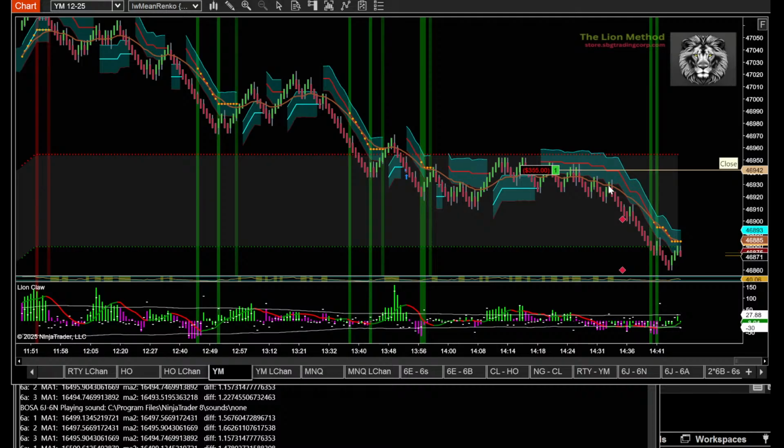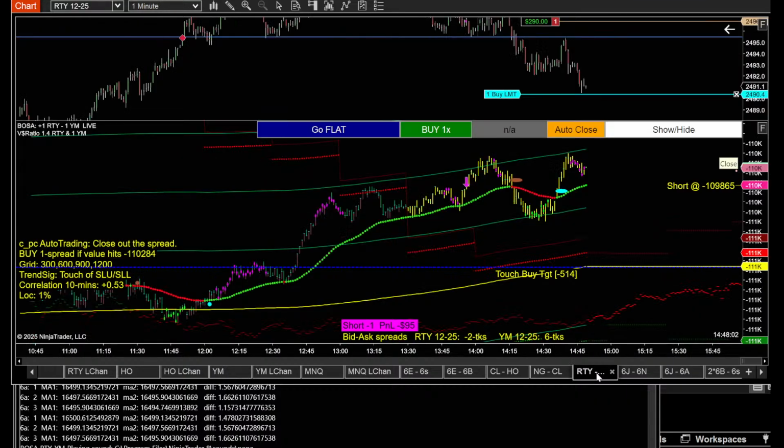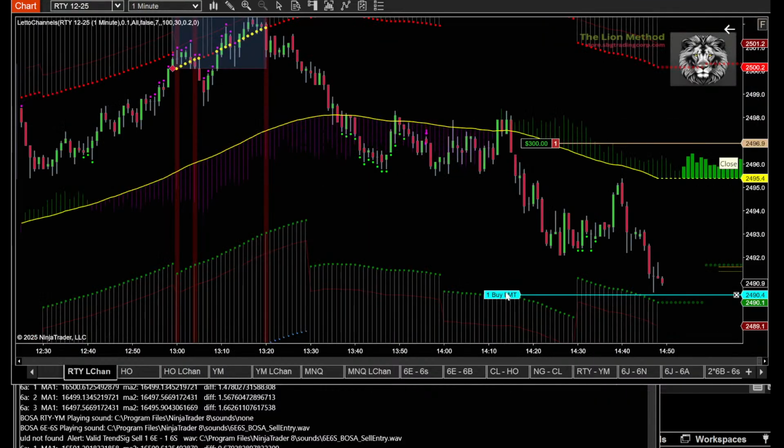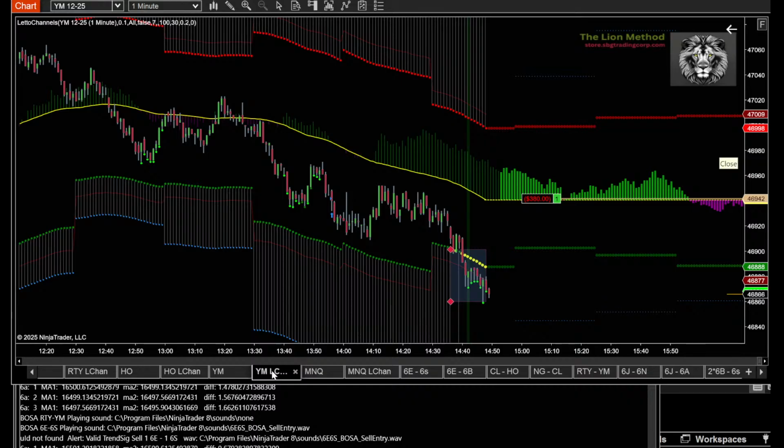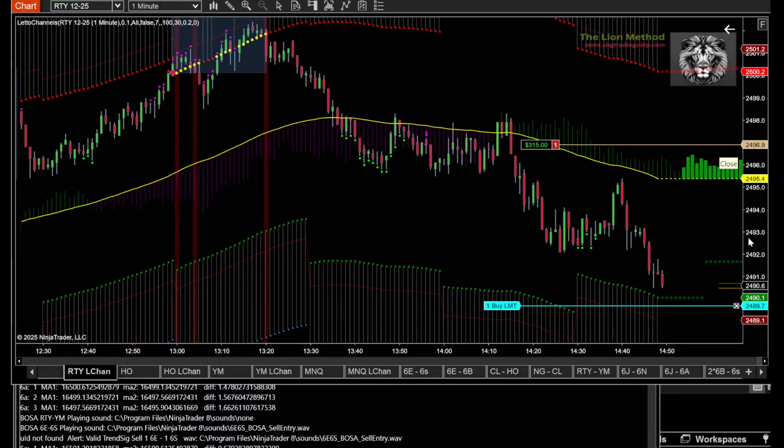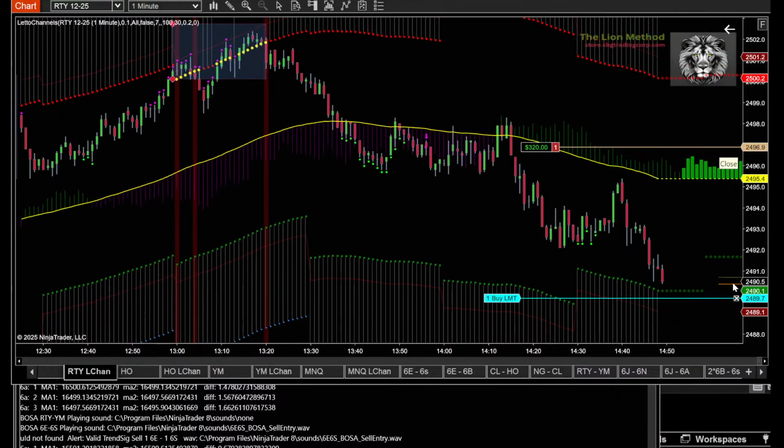So really my entry point on my Lion Method is to buy on a hit of those yellow dots, and that's where we would buy again. So if we do get out here, we will be out of the spread, and we'll just be trading the YM to the upside.